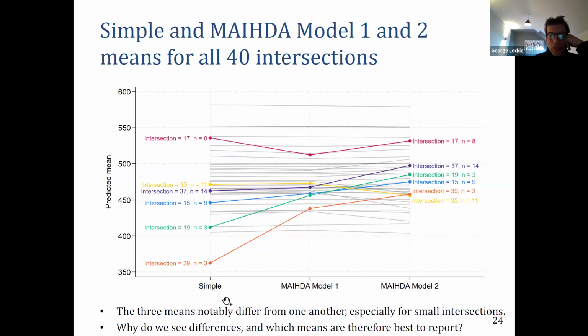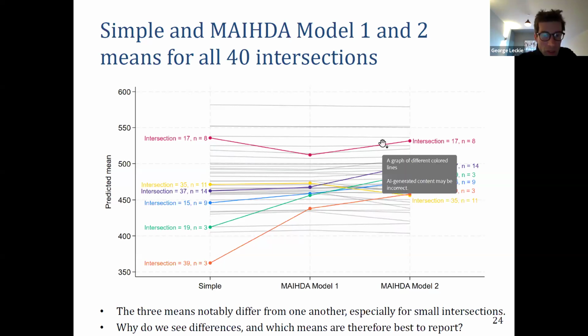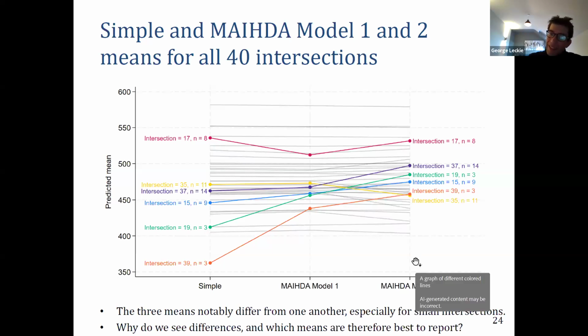The 3 methods I've mentioned are below: the simple means for the 40 intersections, the MAIHDA model 1 means, and the MAIHDA model 2 means. I've highlighted the 6 intersections which have 20 or fewer individuals in these data. They are the ones whose predicted means move around the most as we shift across methods, because that's where there's the least data and they're most sensitive to method.